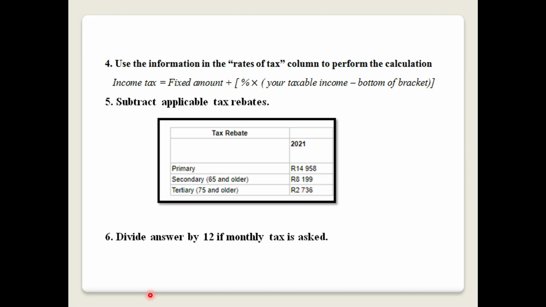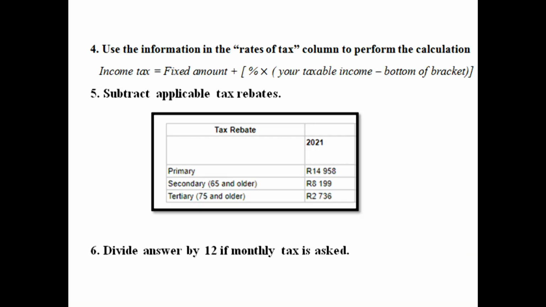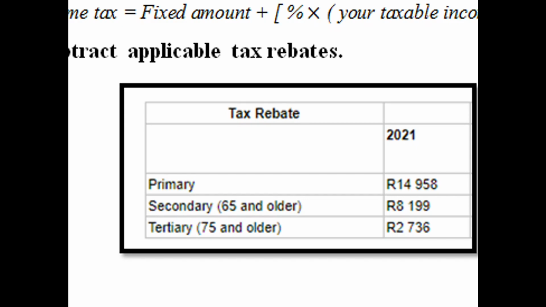Applicable tax rebates. I just want to go there and enlarge that a bit. All right. So remember I said they are age dependent. So the primary rebate of 14,958 Rand is for everyone who pays tax. Then a secondary rebate is for people that are 65 years and older. But remember that a 65-year and older person is entitled to primary and secondary.